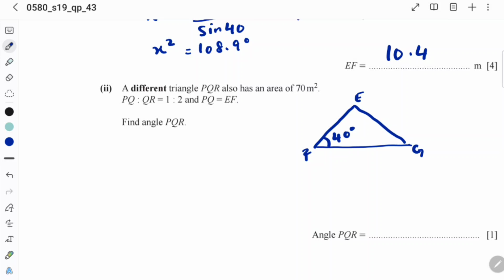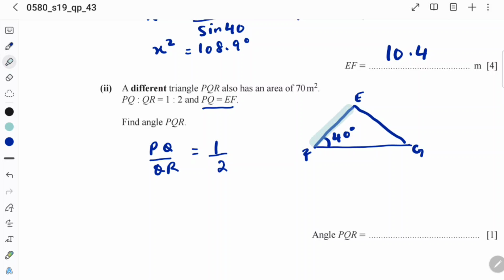PQ to QR is 1 to 2. It means that is the same measurement, like EF to FG is also 1 to 2. And PQ equals EF. PQ and EF have the same measurement.